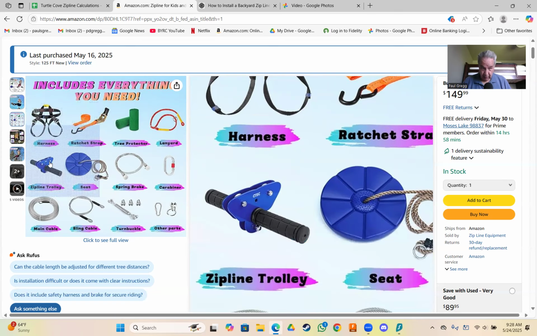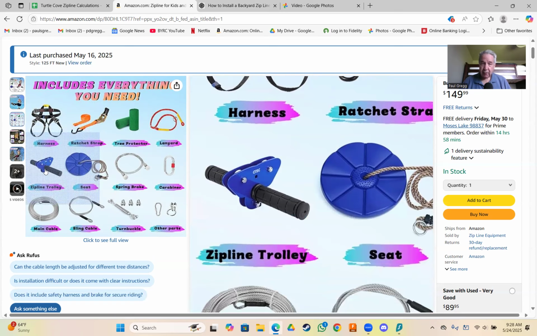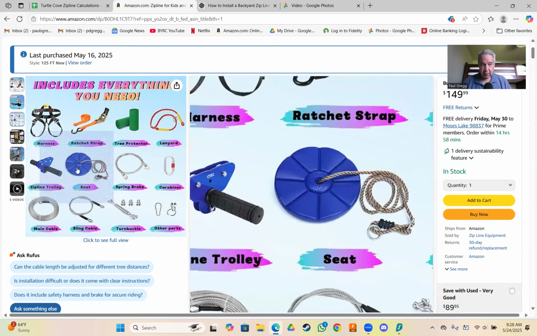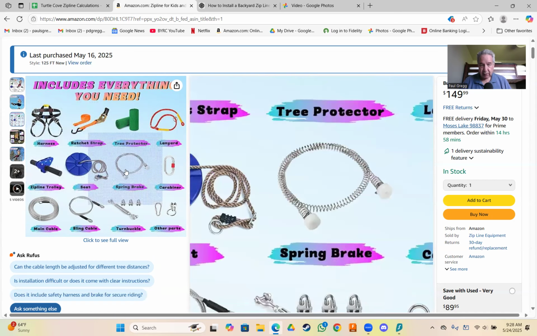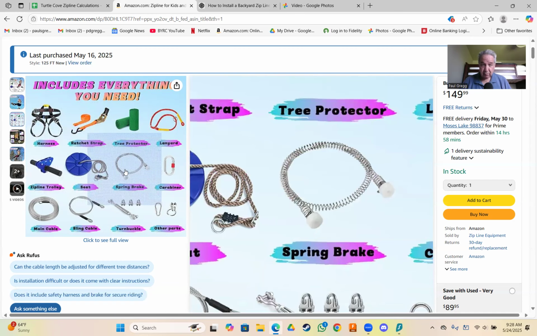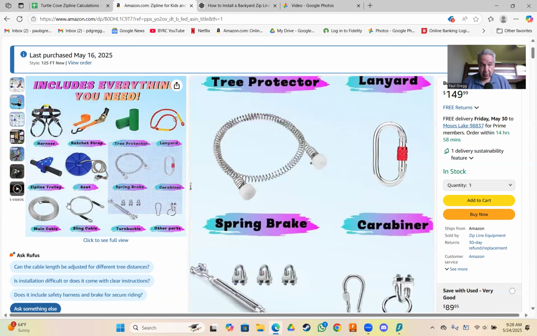But the nice thing is this trolley is all metal. Bearings are metal, the sides are metal, and so that seemed really good. The seat's plastic, but that could be stainless steel. The spring brake over 6 feet seemed really nice. Seemed like a pretty decent quality carabiner.